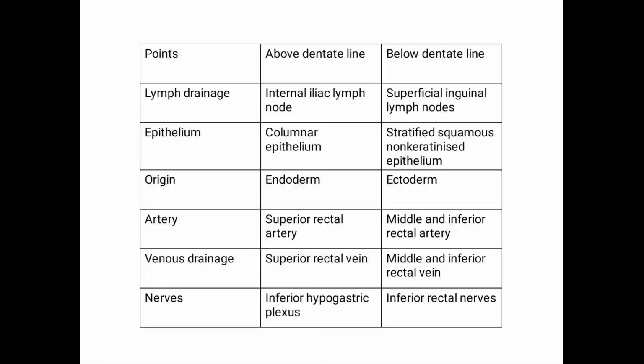Below the dentate line, superficial inguinal lymph nodes, stratified squamous non-keratinized epithelium, origin ectoderm, artery middle and inferior rectal artery, venous drainage middle and inferior rectal vein, nerves inferior rectal nerves.